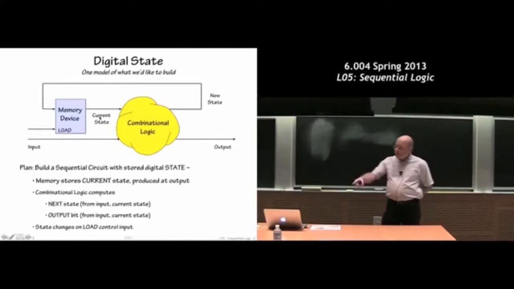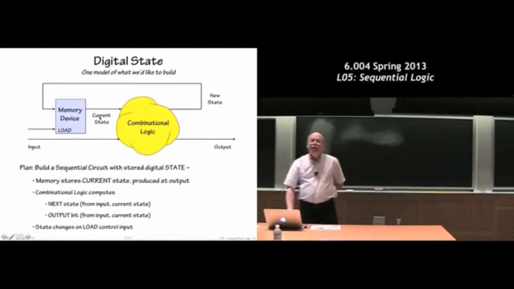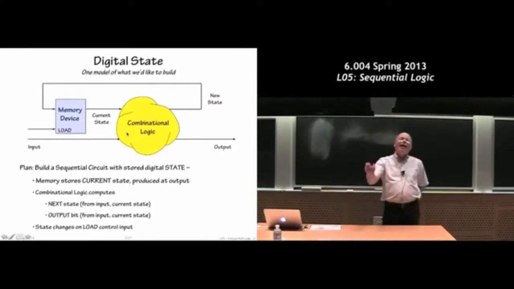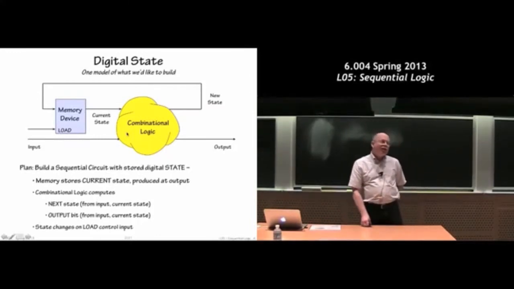Now, this sort of very high level, notional diagram of a digital circuit is actually complete now. With a notion of state and a state holding device combined with combinational logic, that, if you will, is the schematic diagram of every digital system we can build. Your laptops have a lot of state in them, millions of bits of state.